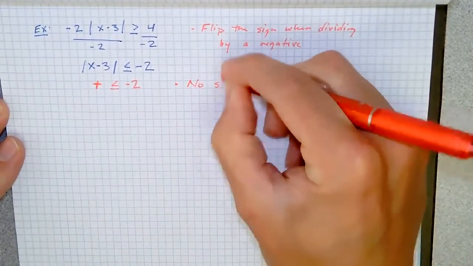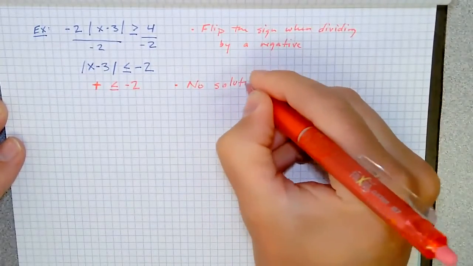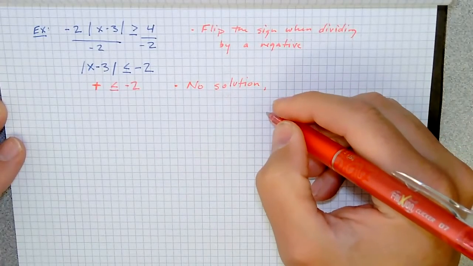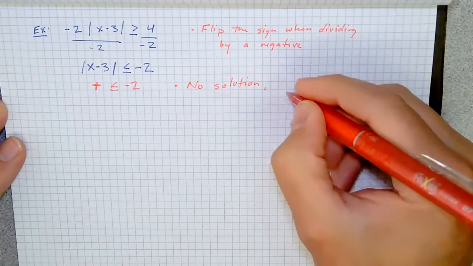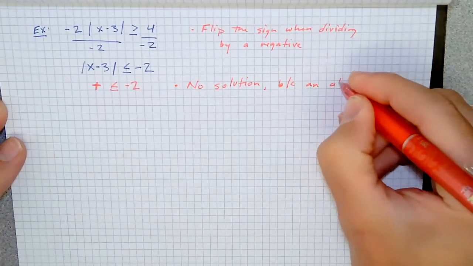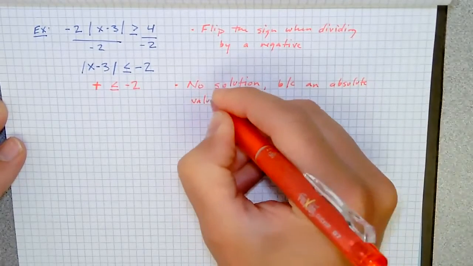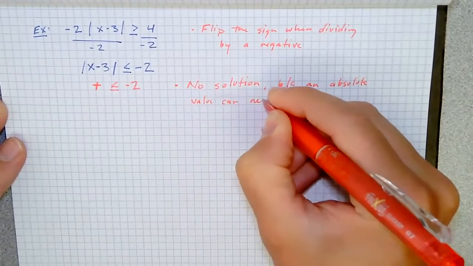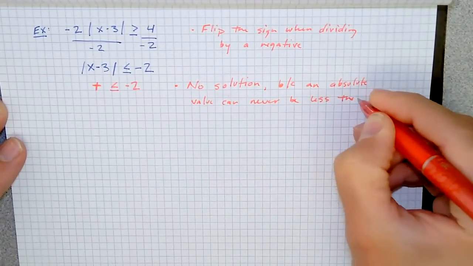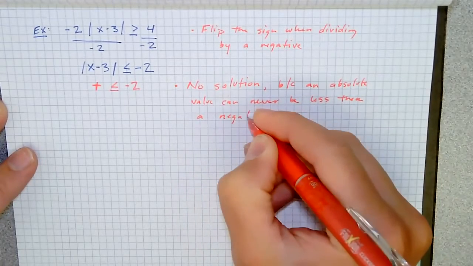Let's see if I can learn how to spell. No solution because an absolute value can never be less than a negative number.